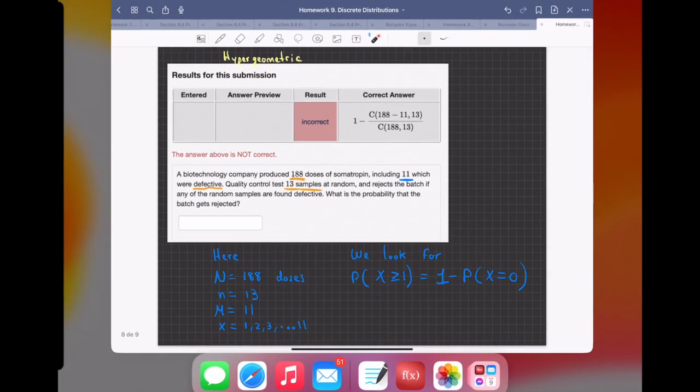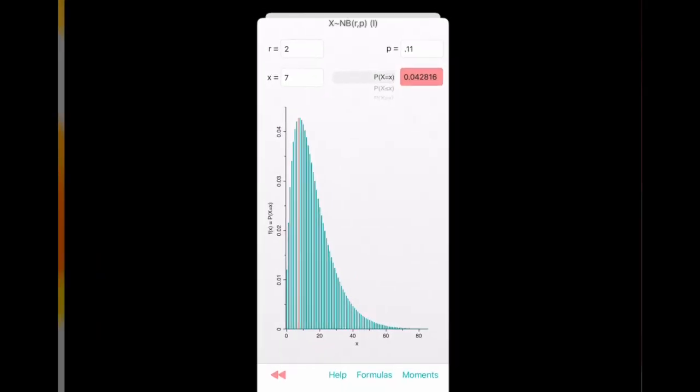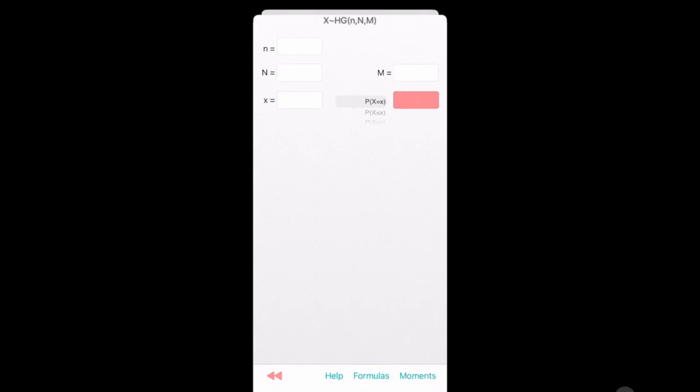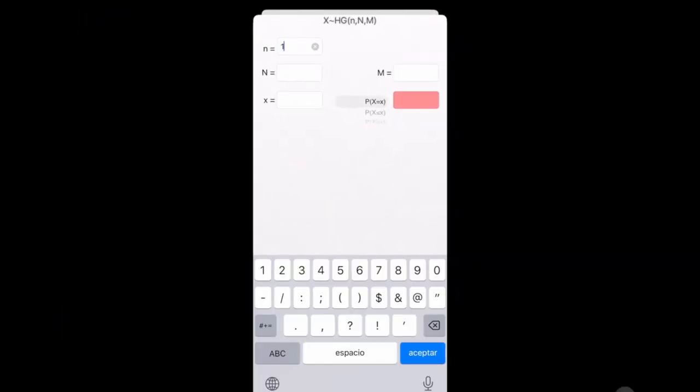So use the application with these parameters, n, N, and M. Hypergeometric is this one, almost at the bottom. Lowercase n is 13. Capital N is 188.